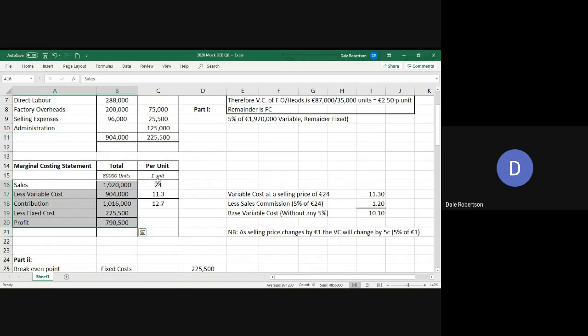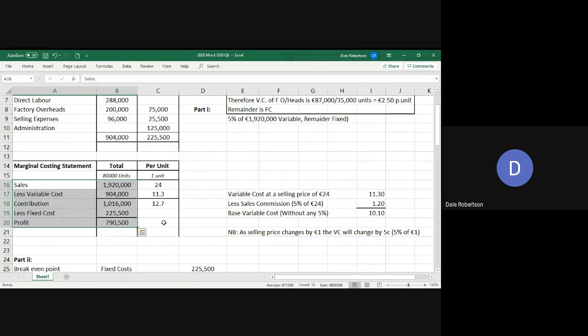And then the per unit numbers, well, if you divide this by 80,000 units, you'll see that each product is sold for €24. There is a variable cost, perhaps electricity or materials or wages, and that is €11.30, which leaves a contribution of €12.70 per unit to cover fixed costs and to be left towards profit.